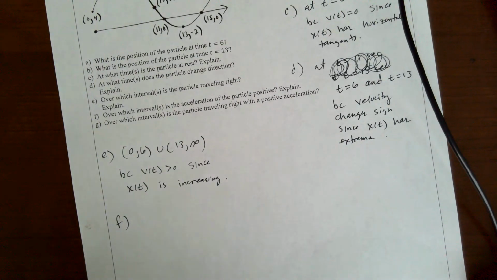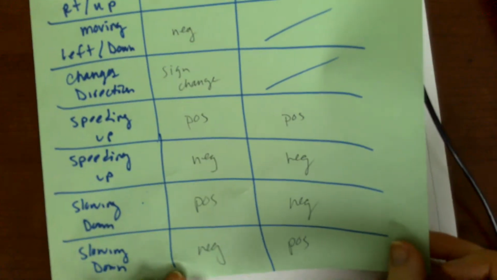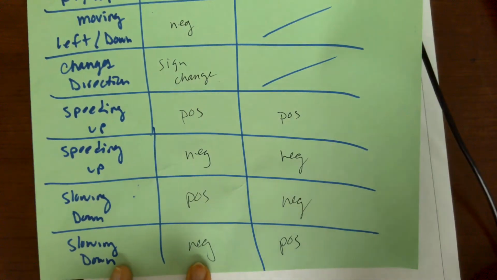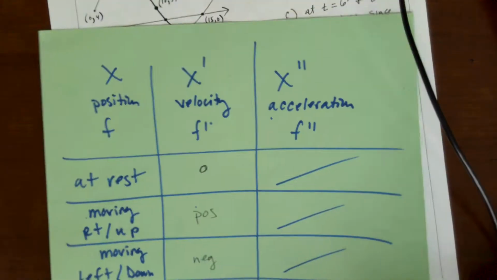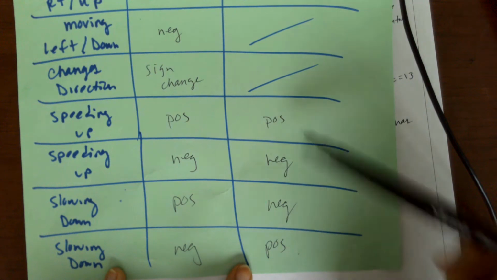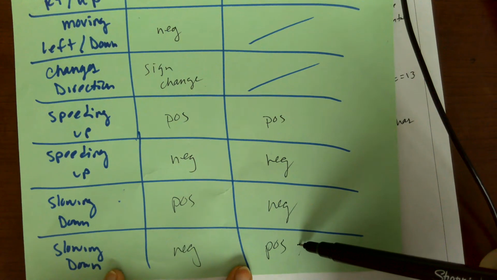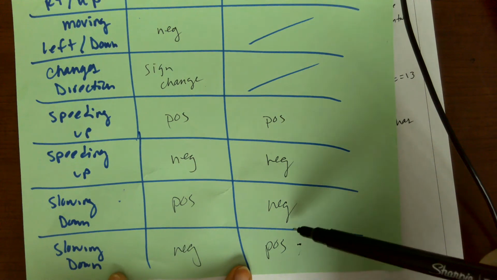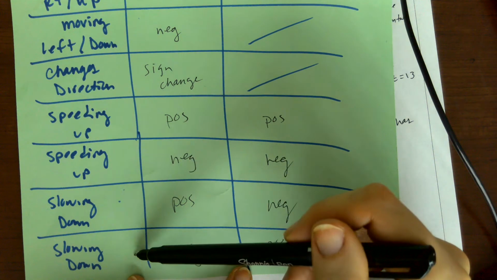Okay, now F. Over which intervals is the acceleration of the particle positive? Explain. All right, now I look here, guys. And here's this physics table. I see a positive acceleration twice, but that only has to do with whether the particle is speeding up or slowing down.